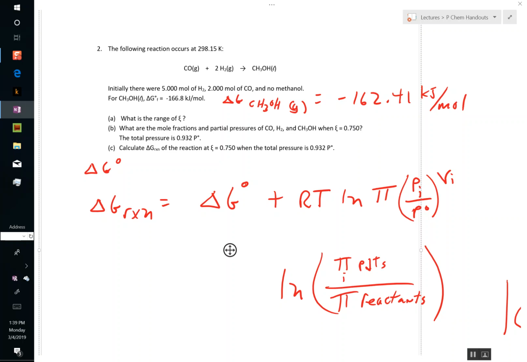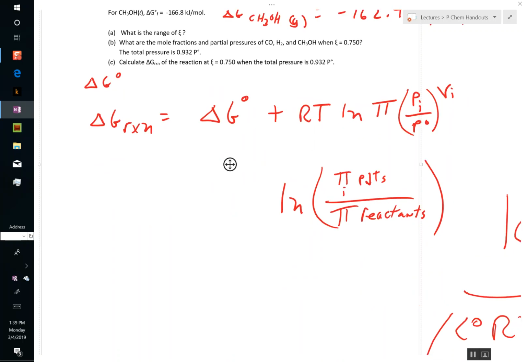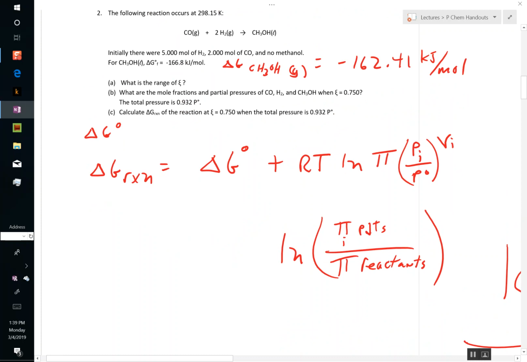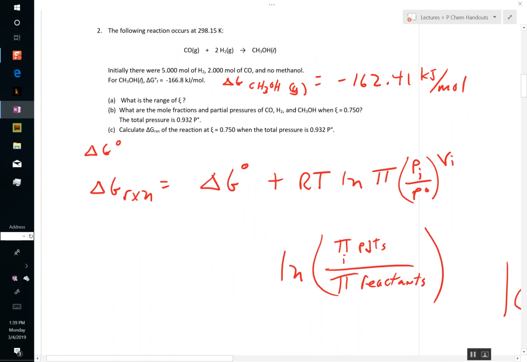To get partial pressures to plug into this Q equation, we need to use mole fraction times 0.932. Then our delta G naught that we calculate, is that just from the table of values and the Q value you gave us? Yes. So hydrogen is going to be 0. Carbon monoxide is whatever it is out of the table.